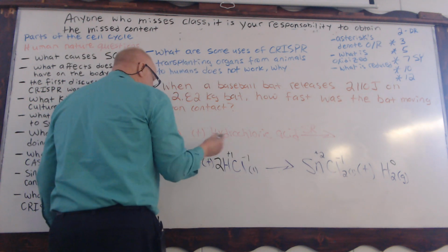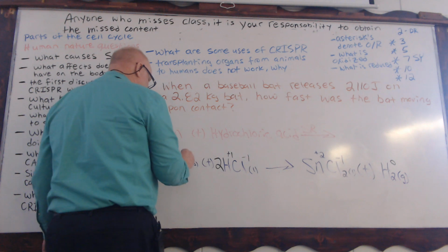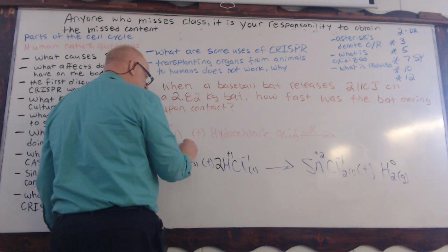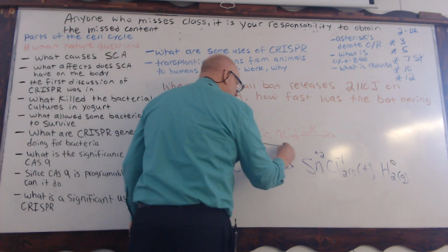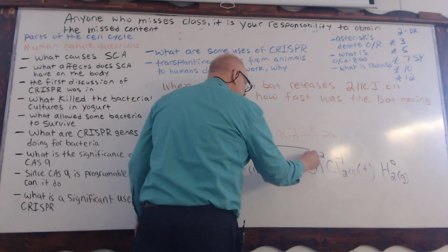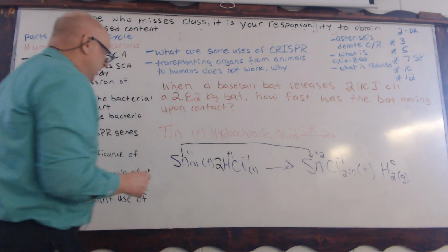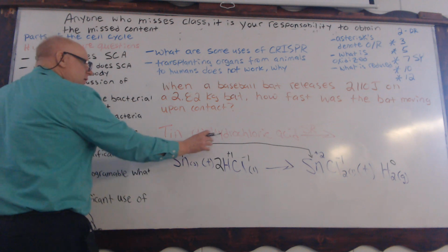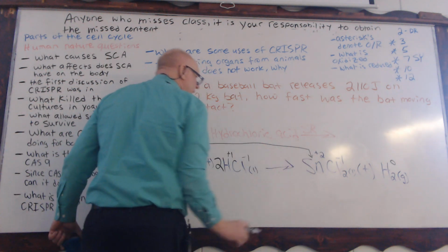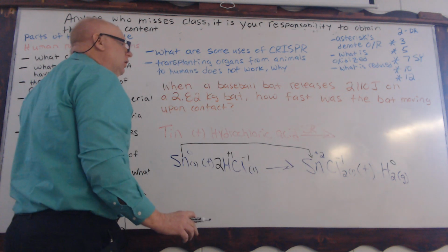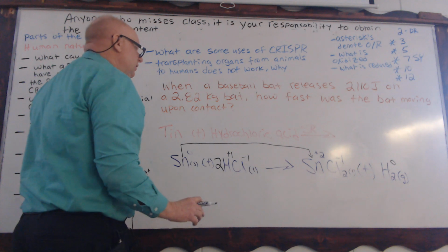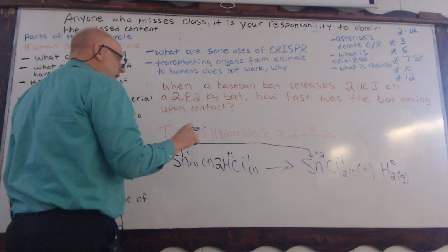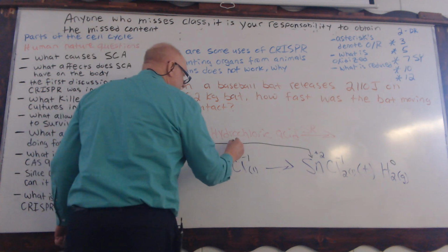You don't have to, but I think this maybe helps, just showing what has happened on one side of the reaction to the other. So did this gain or lose electrons? It lost electrons. So when it loses electrons, what process is that?